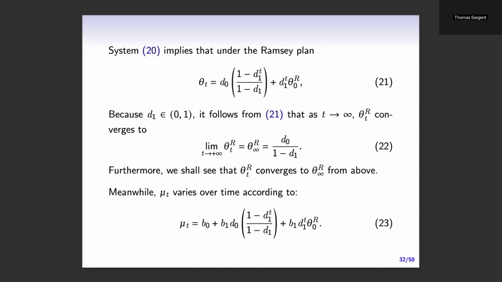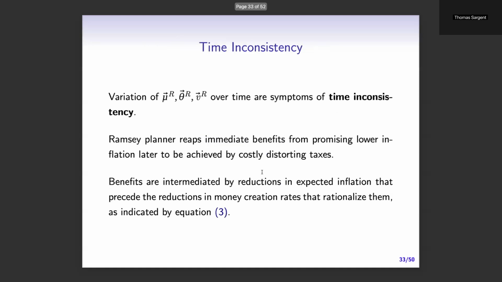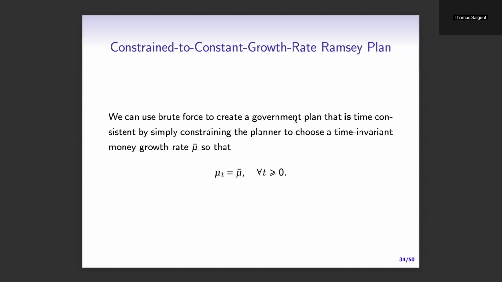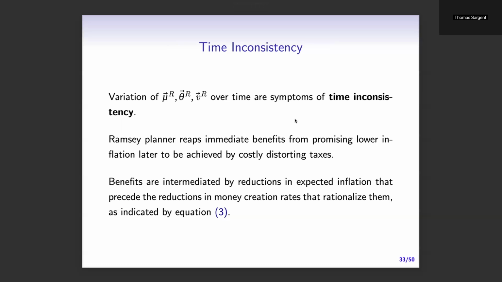Okay, so now we completely understand the dynamics under this, and we've discovered this. So the variation over time in the continuation value, the theta and the mu, are symptoms of time inconsistency. We talked about that when we did machine learning. So now we'll set up some interesting Python that we can experiment with to learn more about this model.